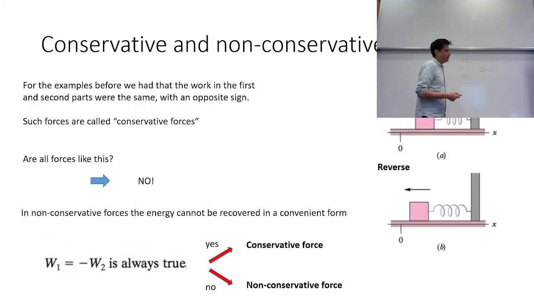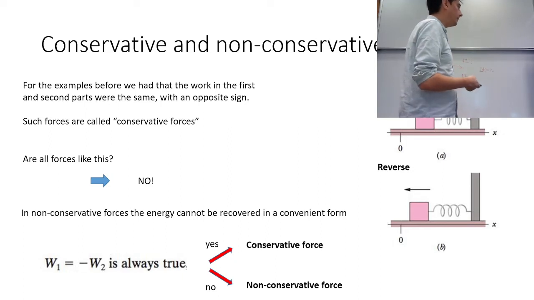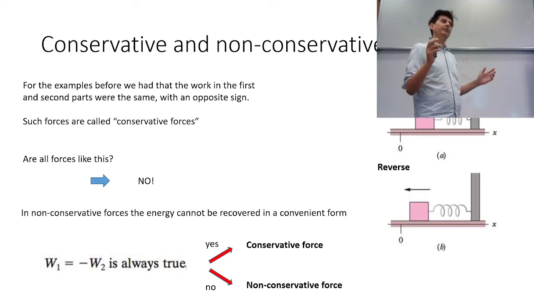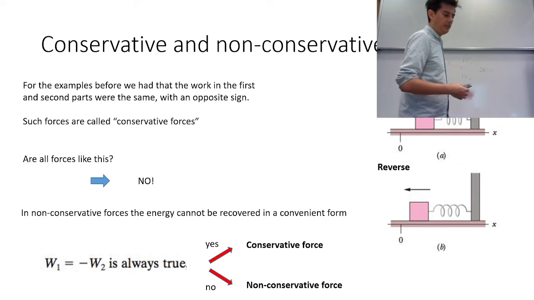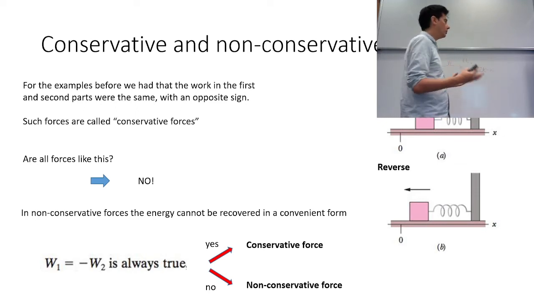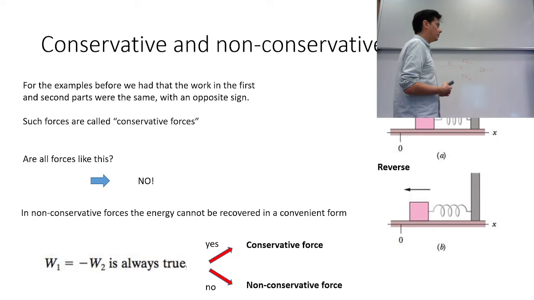So these are examples of conservative forces, and this is actually not always going to be true. This is, again, an idealization. Actually, friction is an example of a non-conservative force.